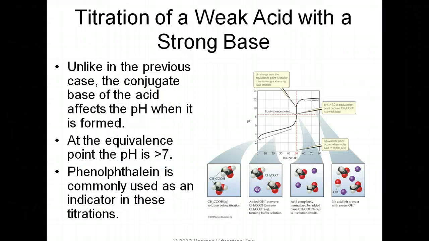Okay, a slightly different scenario here: we have a weak acid with a strong base. Notice first that the initial pH is a little bit higher, and that the slope increases much more rapidly than it did for the strong acid. That's because in the process you're creating a conjugate base, which further raises the pH along the way.